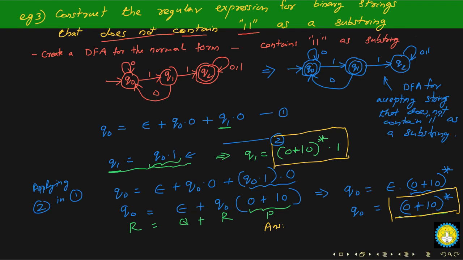Let's write the expression for Q0 first: (0 plus 1 0) star, plus the expression for Q1, which is (0 plus 1 0) star into 1. This entire expression is going to be our answer: (0 plus 1 0) star plus (0 plus 1 0) star dot 1.